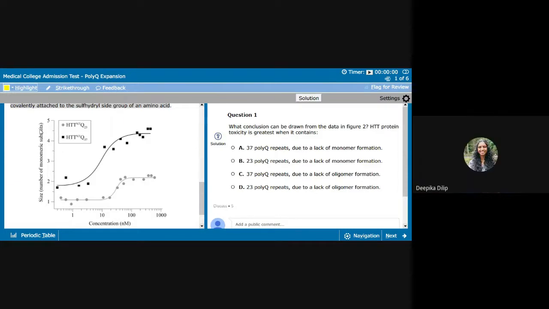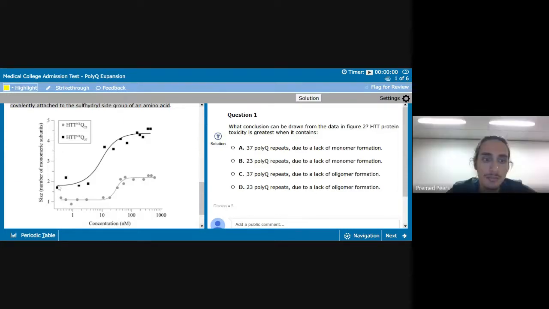If you have 2 monomeric subunits binding together, you have a dimer. It varies on concentration, but in general, the pattern is that we see the smaller size for the less glutamine, right?